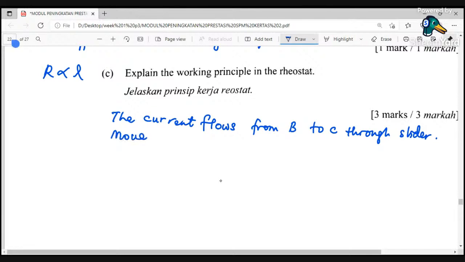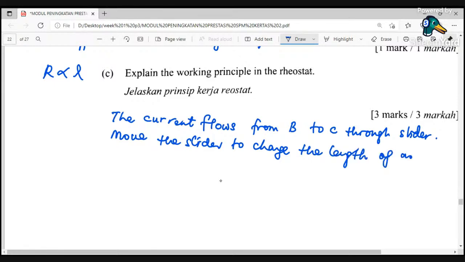Move the slider to change the length of wire or number of turns.